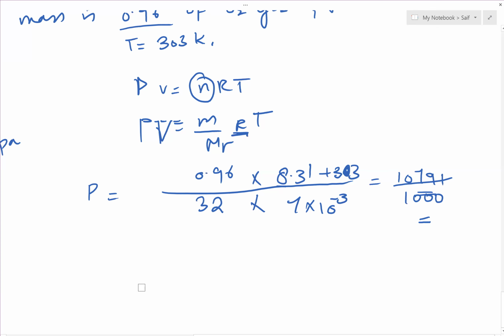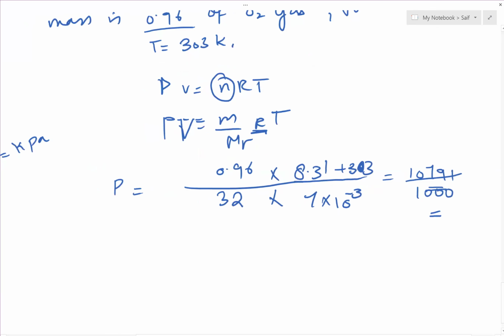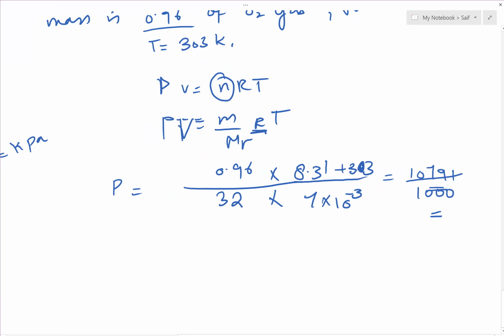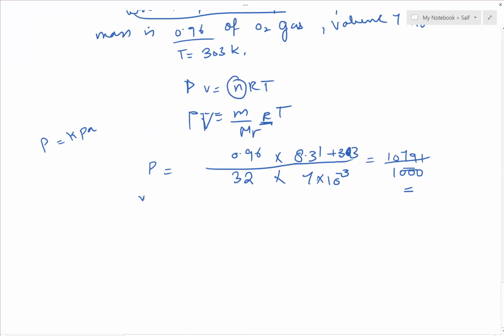Now one more question I'm writing and you will be doing it. You are having a volume of 400 centimeter cube. Temperature is 300 Kelvin. Pressure is 101 kilopascal.